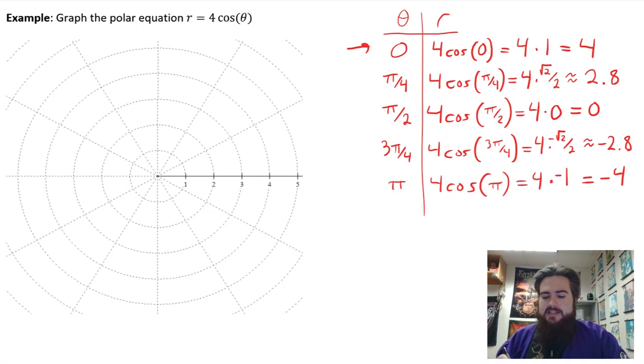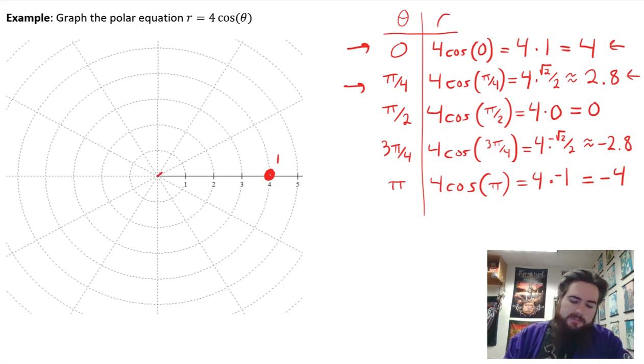First, theta is 0, r is 4. That means face towards 0 radians, which means we're facing this way, and we're walking a distance of 4 in that direction. Puts us here. This is our first point. The next one I have is pi over 4 with 2.8.